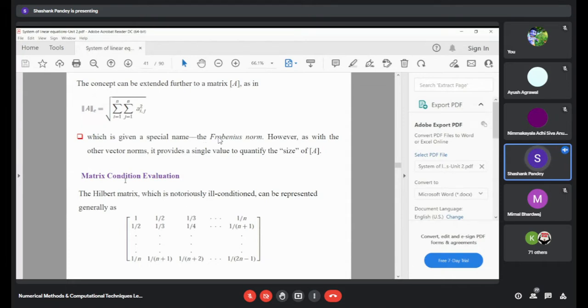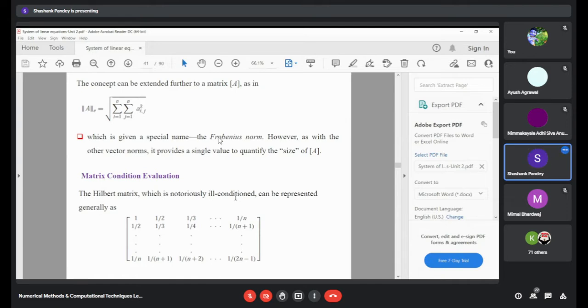So let us see this matrix. This is called a Hilbert matrix, and this is an ill-conditioned system. Ill-conditioned system means that if we make a slight change in any of the coefficients, then a large change in the solution is observed.